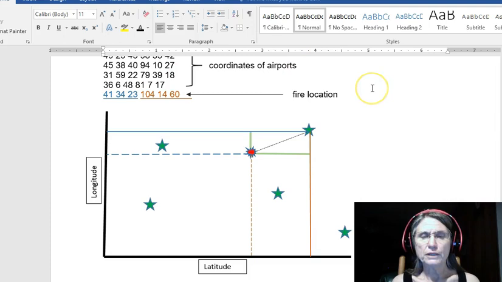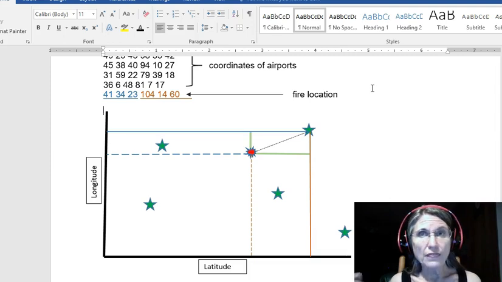But let me just ease your mind a bit and let you know that the program that we're asked to write isn't asking us to find a distance per se. It's just asking us to find the closest.